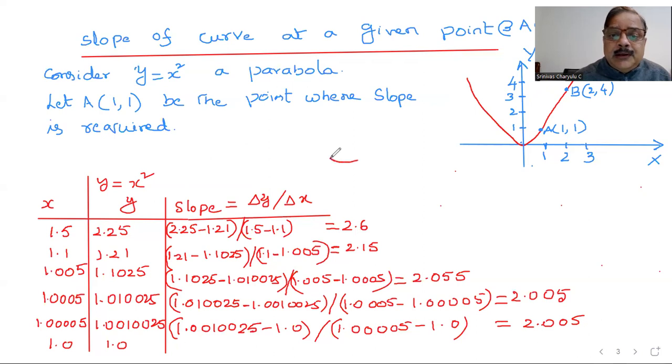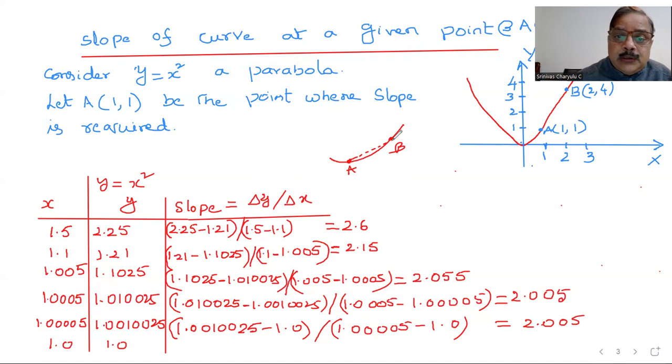If you join AB, I'll be computing the slope of a straight line AB rather than the slope of the curve. So what I will do is, I will use the same formula y2 minus y1 by x2 minus x1, thinking that I have a point very close to A, and then get the difference of this ratio y2 minus y1 by x2 minus x1.